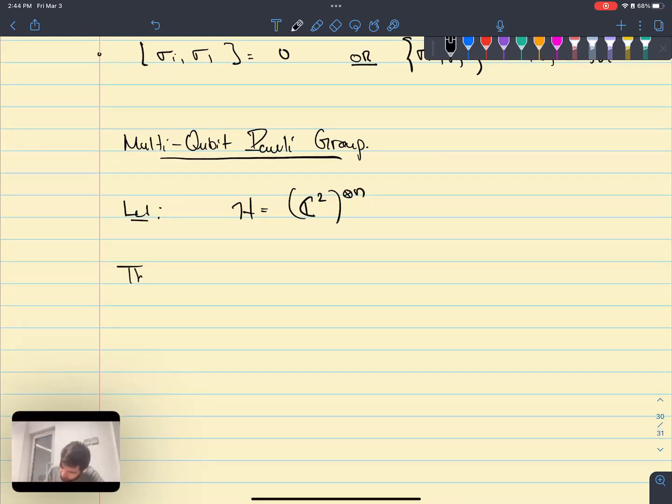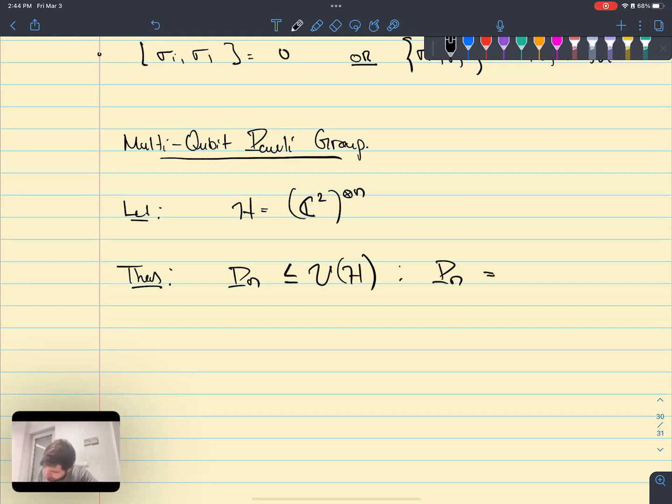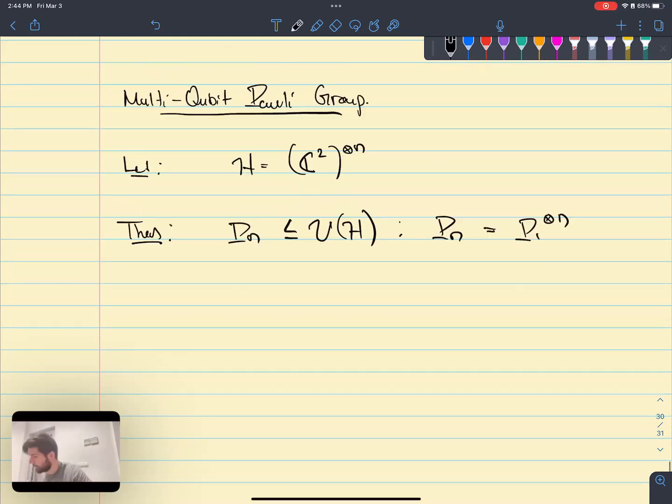Then how does the Pauli group look? It is some subgroup of the unitary group on this Hilbert space, such that it's basically a tensor product of the single qubit Pauli operators. Okay, what does that mean?